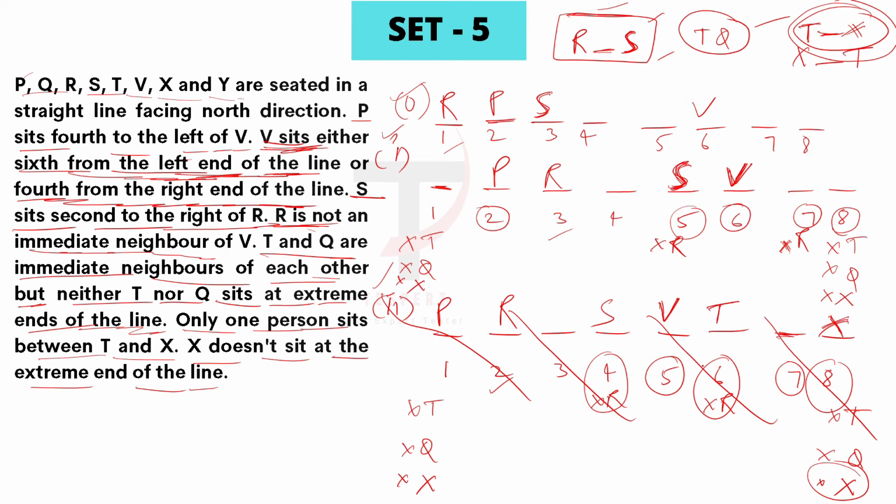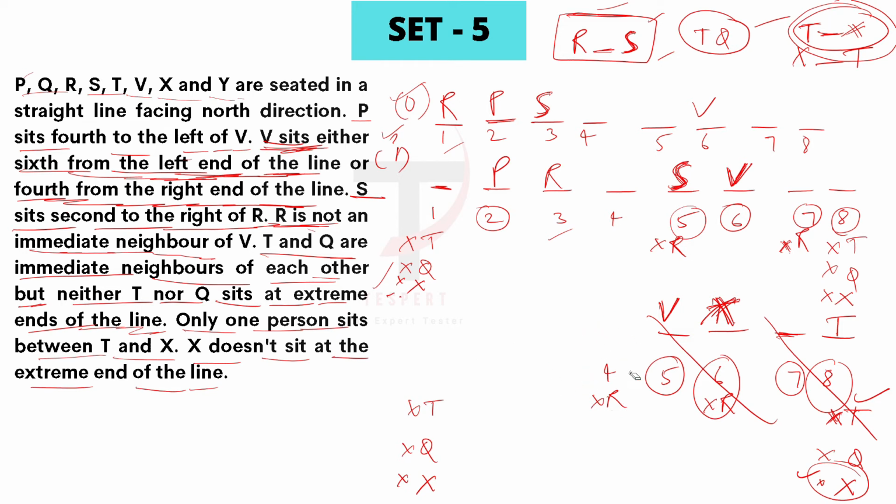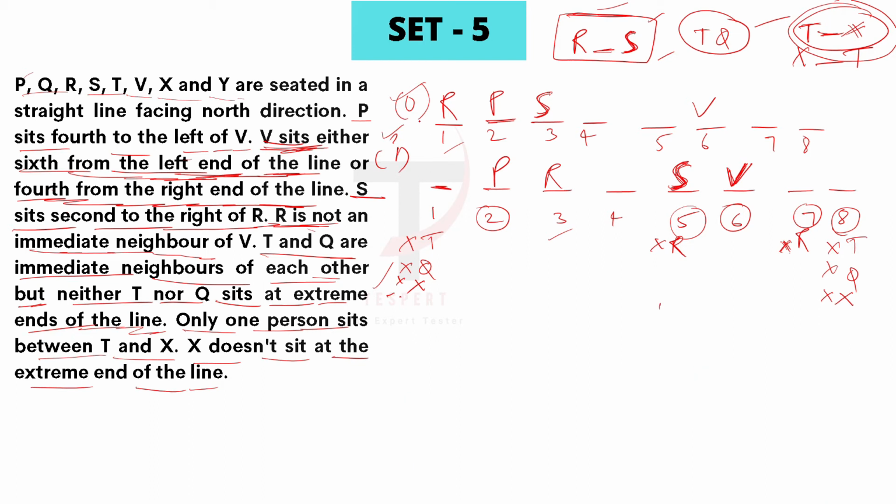If we place X at the 6th position instead of T, and we have to place T at the 8th position, it is still not possible, because at the extreme end there shouldn't be T and there shouldn't be X as well. Because of this, case 2 is not possible at all. Okay, case 2 is not possible. Let me erase this. So we are left with only 2 cases.